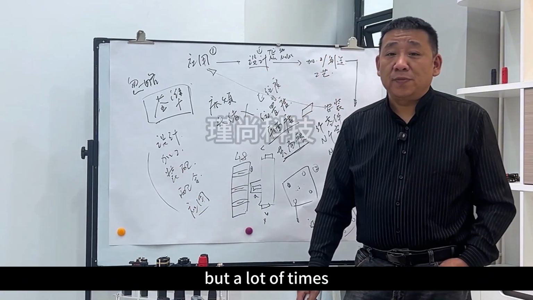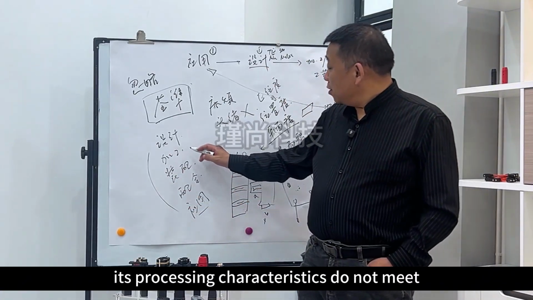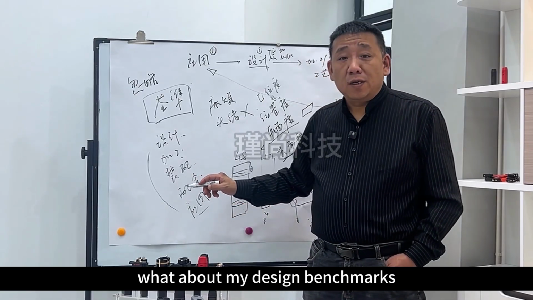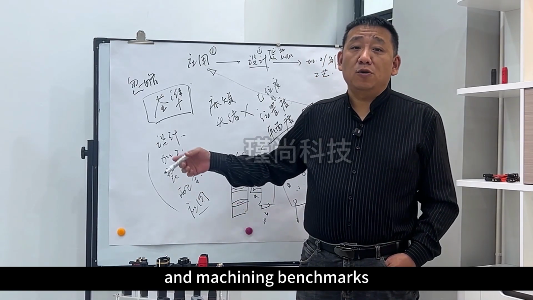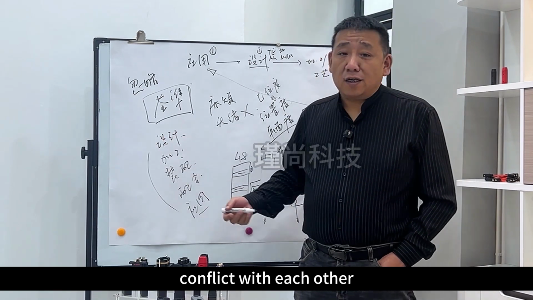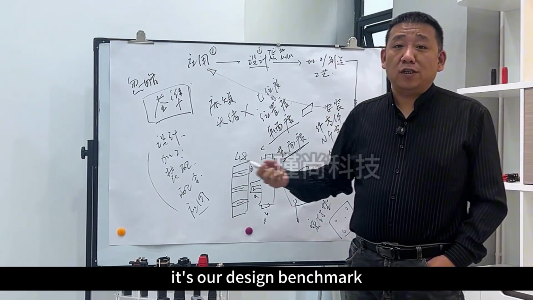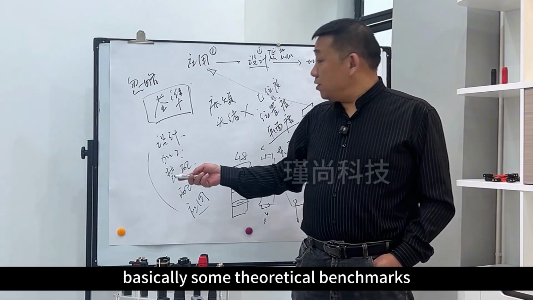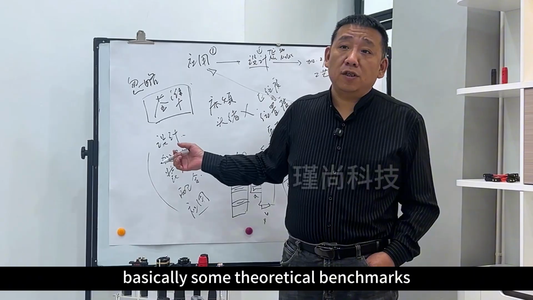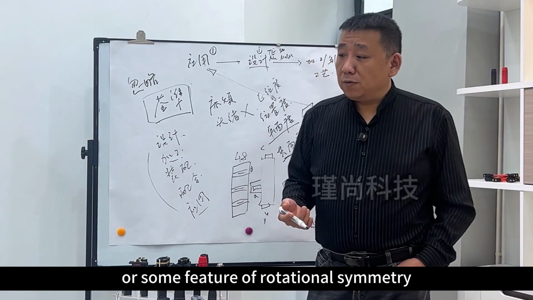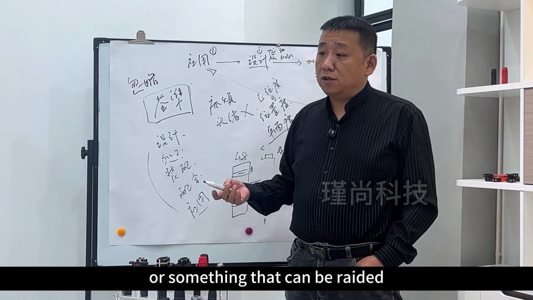But a lot of times, its processing characteristics do not meet my design requirements. At this time, my design benchmarks and machining benchmarks conflict with each other. Which one is the main one? There's one more thing, our design benchmark. Basically these are theoretical benchmarks, for example symmetrical features, rotational symmetry, or features that can be arrayed.